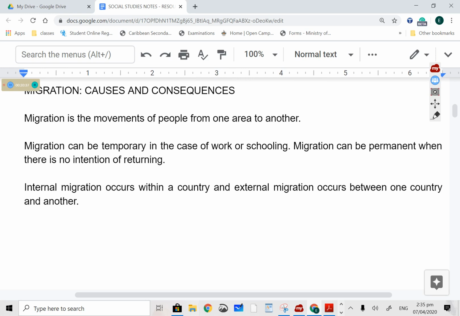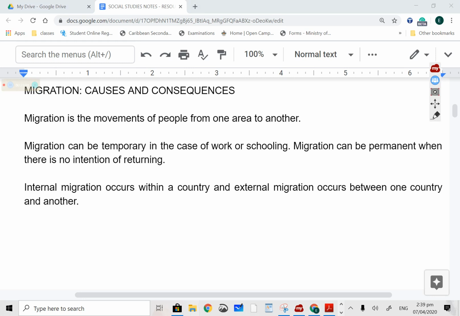So people can actually go to other countries just to go to school for 3 years or 5 years, etc., and then move back home to their original country. And they can do so for work as well, right? Sometimes you have people in Trinidad or other countries that might go to Guyana or go to Suriname or wherever to actually work for a period.